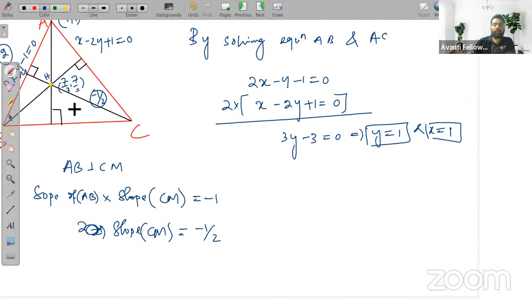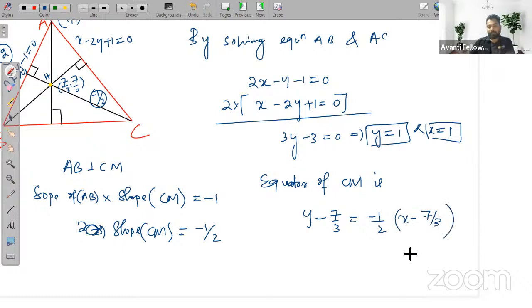Then what is the equation of CM? The equation of CM is y minus 7/3 is equal to -1/2 times (x minus 7/3). Just solve it and you will get the equation of CM.